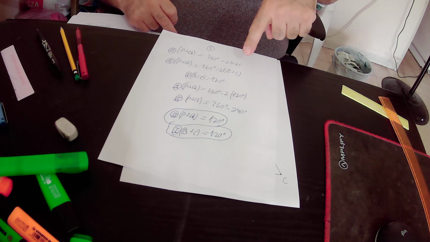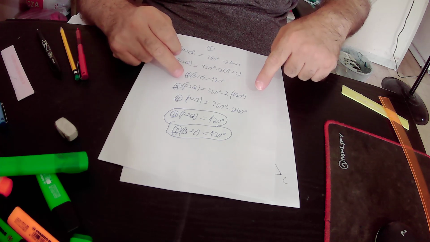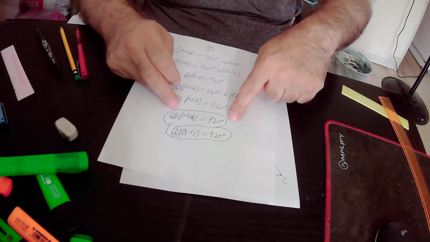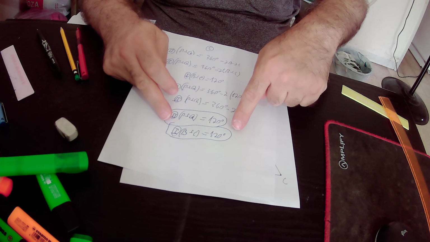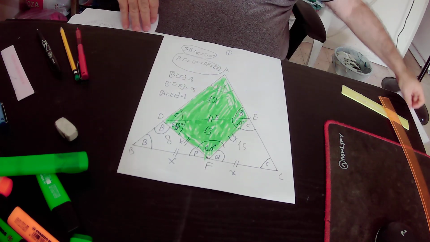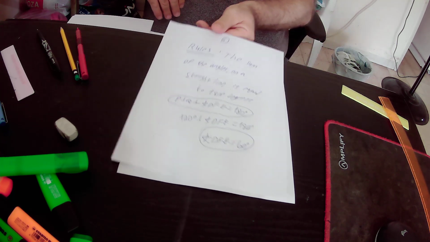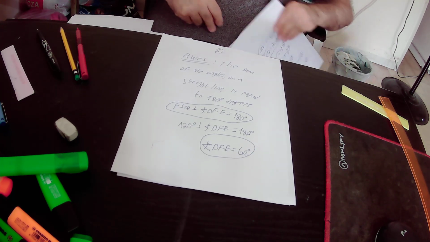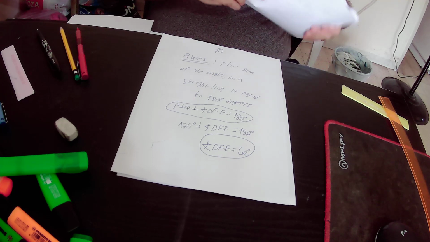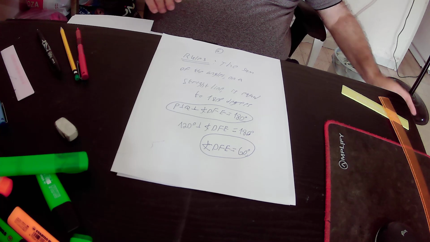We found out that P plus Q equals 180 degrees and also B plus C equals 120 degrees. And then we have rule number 3 that states that the sum of the angles on a straight line is equal to 180 degrees.